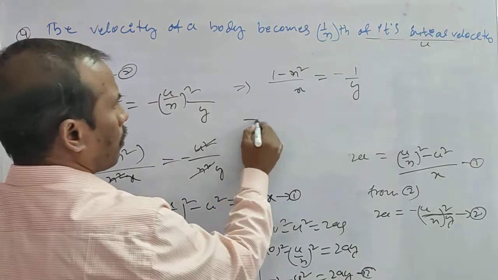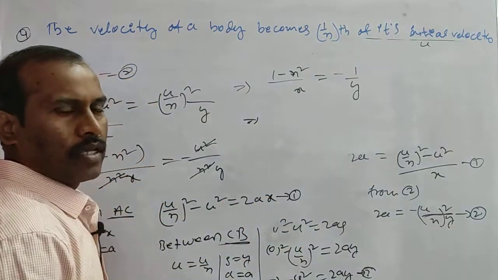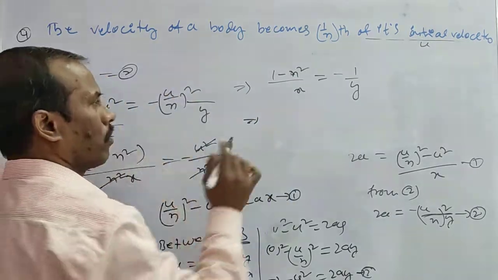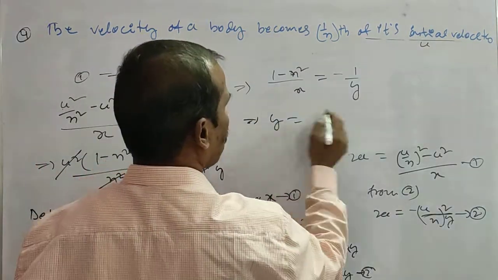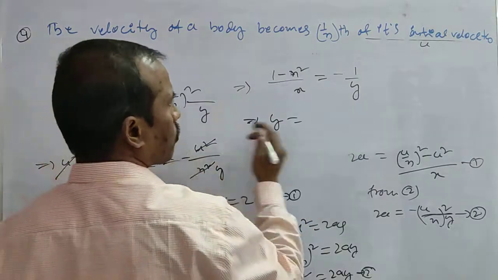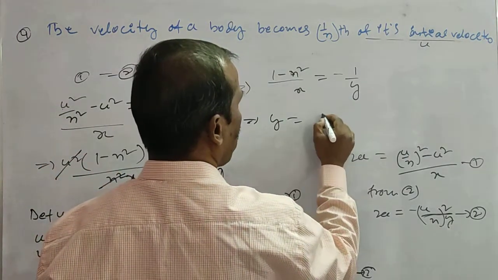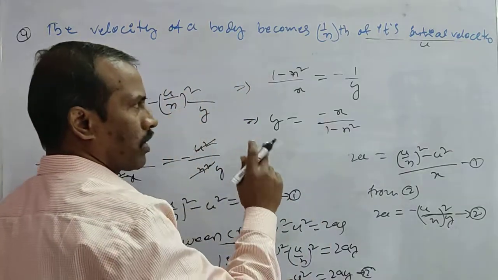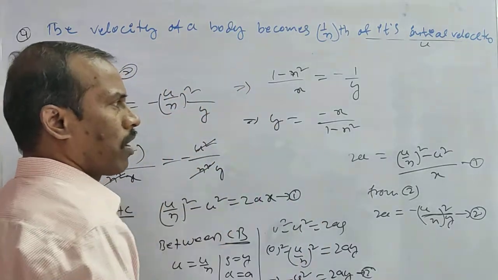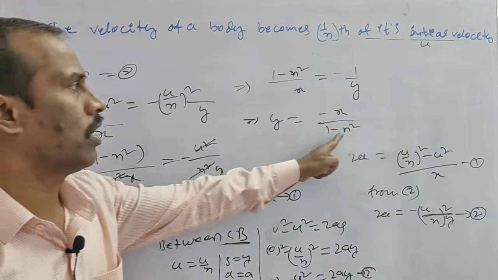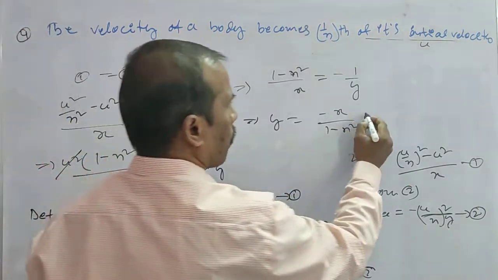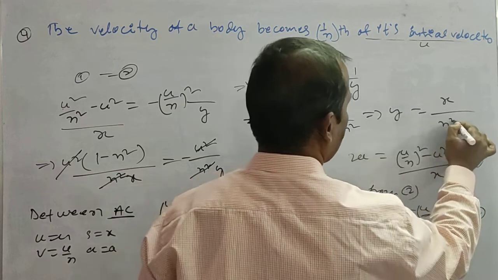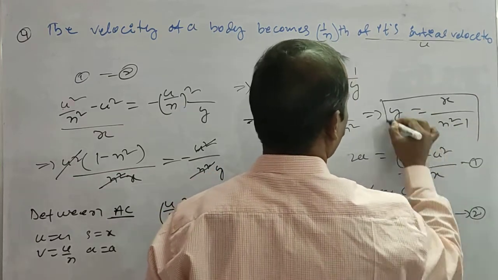So we get y, the displacement of the particle from point C to reach point B. By cross multiplication, y is equal to minus x by (1 minus n squared). So y is equal to x by (n squared minus 1). This is our answer.